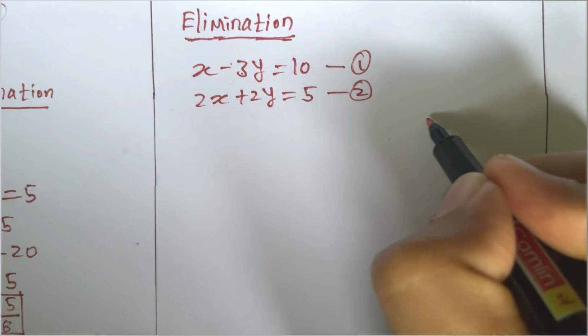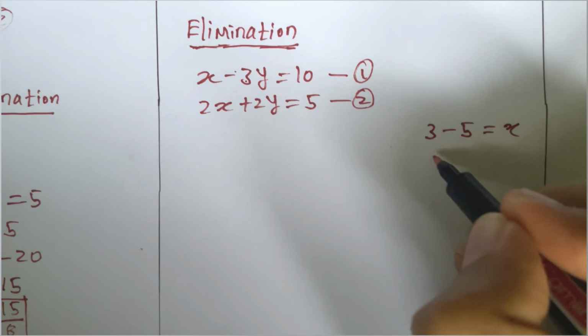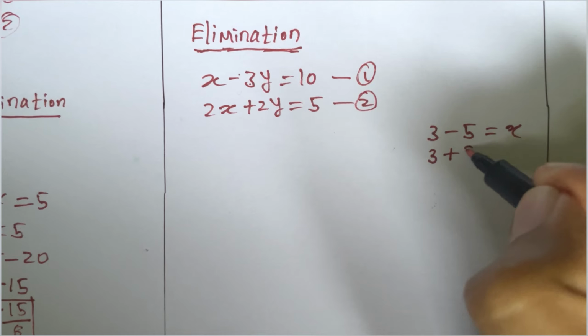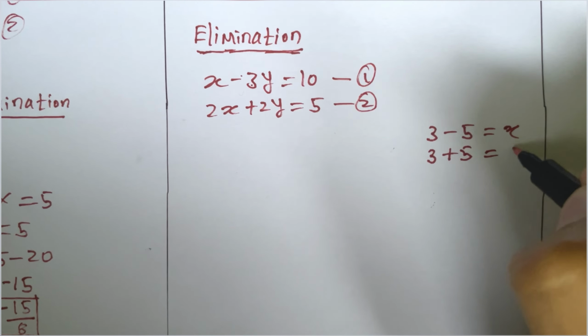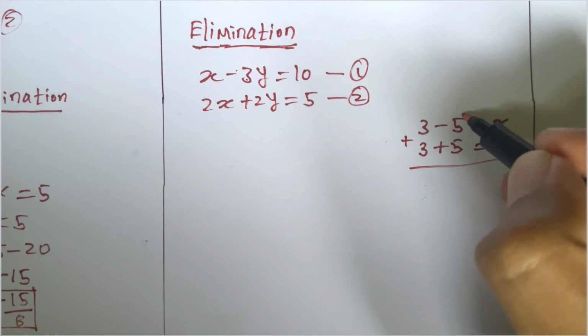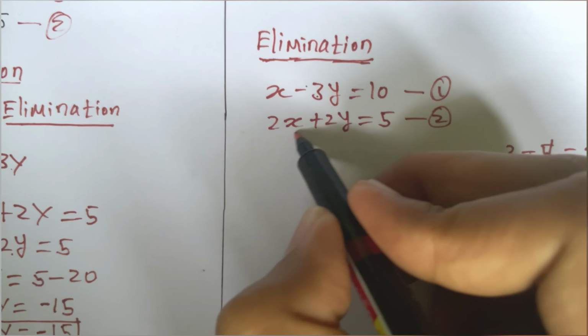For example, if 3 minus 5 equals something and 3 plus 5 equals something, then if we add these, the like term will get cancelled, because of opposite sign. A similar rule we will apply here.